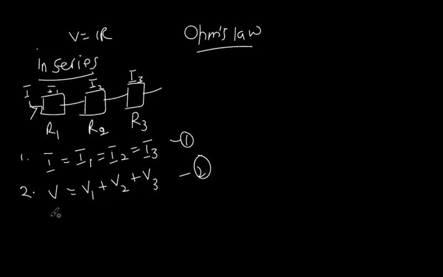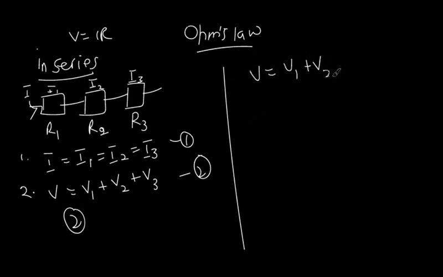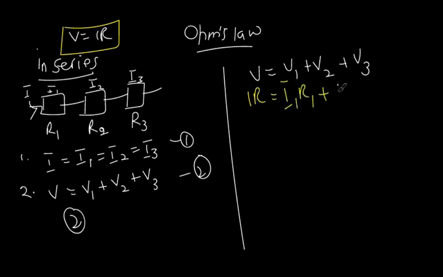Using equation 2, we have V equals V1 plus V2 plus V3. From Ohm's law, V is equal to IR, so we have IR equals I1R1 plus I2R2 plus I3R3.